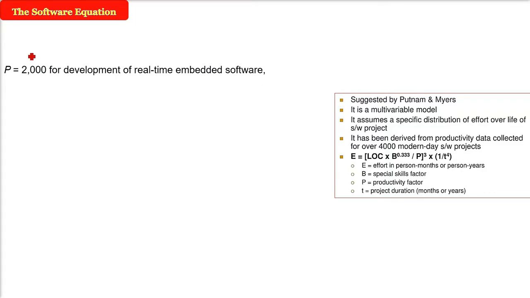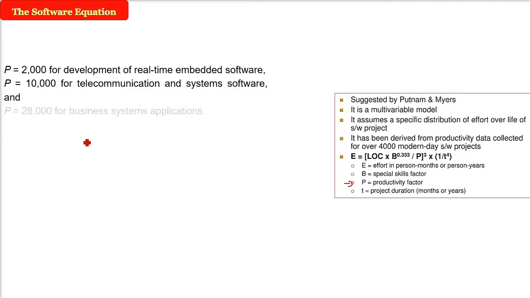So let us say we already know E, B, P, T now. So this is the productivity factor, P. If you have a real-time embedded software, the P value for this will be 2000. Real time means you want a response within bounded time, and embedded software like your microwave oven or your washing machine has embedded software. You will take P as 2000. P is 10,000 for any telecommunication, data communication software and system software like drivers.